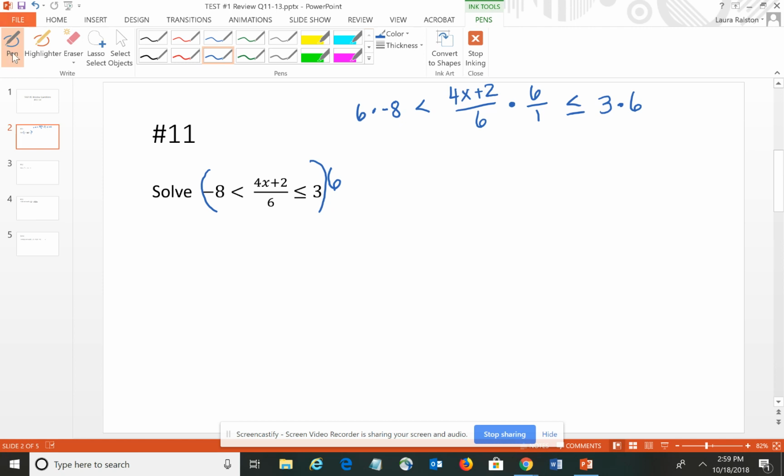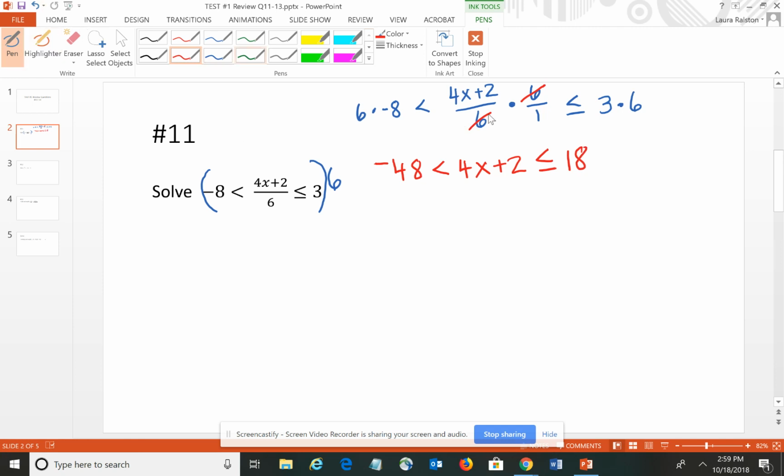And if I come back and do those multiplications, I have 6 times negative 8 is negative 48 is less than 4x plus 2 over 6 times 6, the 6's will divide out, and I'm left with 4x plus 2, which is less than or equal to 18.